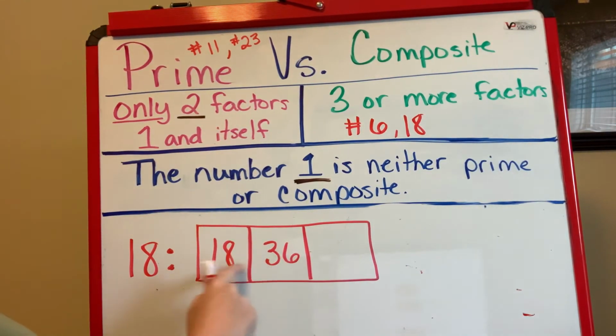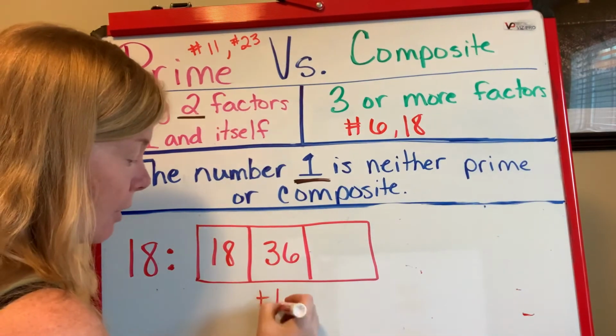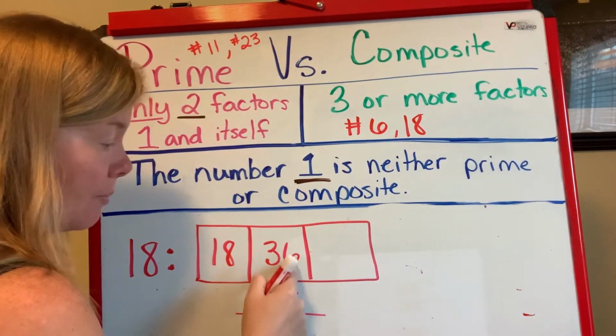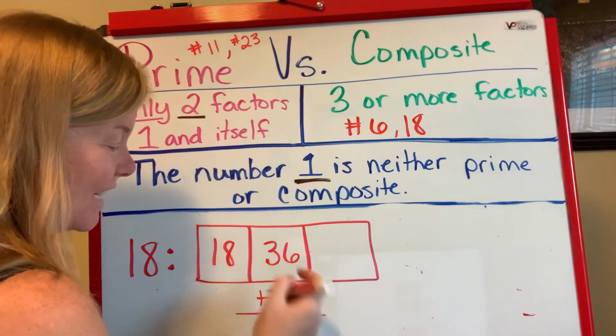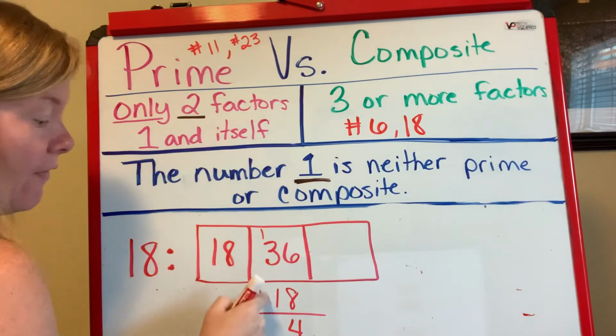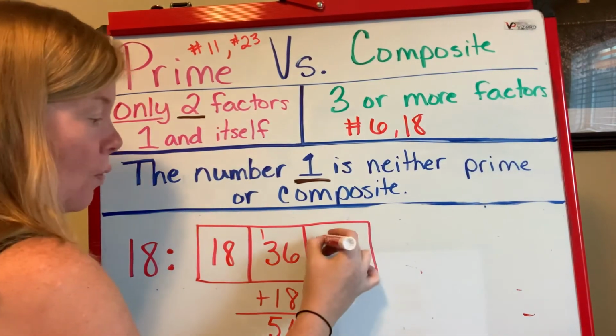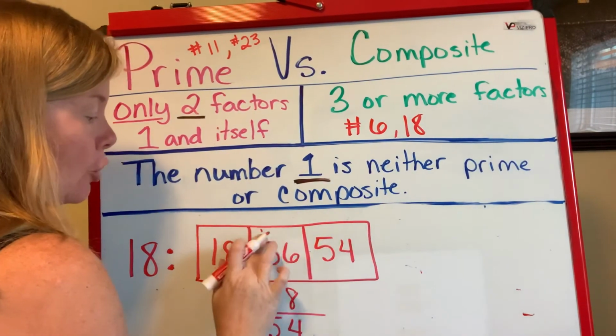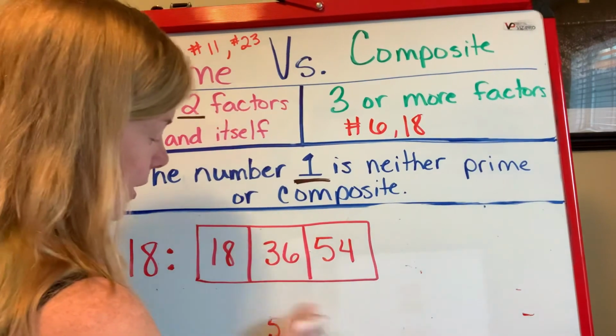It's easy to double, but we have to say 36 plus 18. 8 plus 6 is 14. 3, 4, 5, 54. So you do the first three multiples on your paper today.